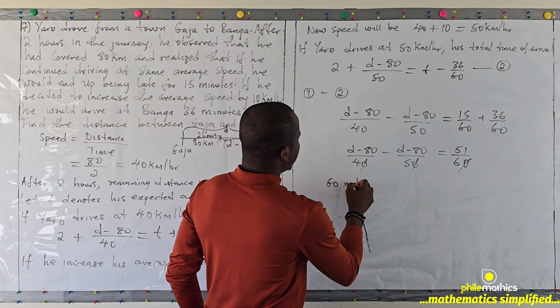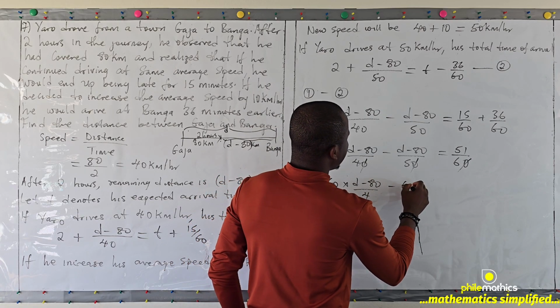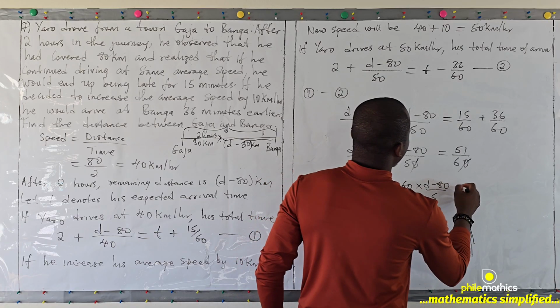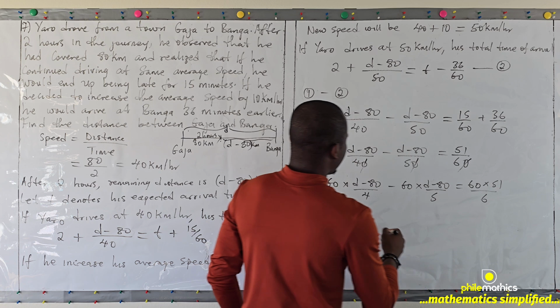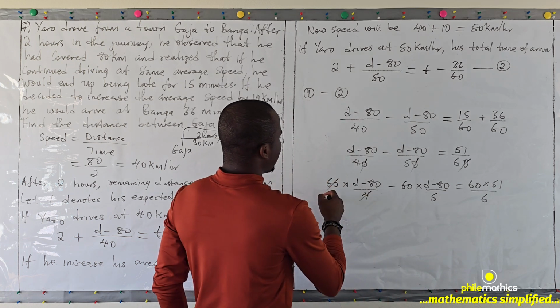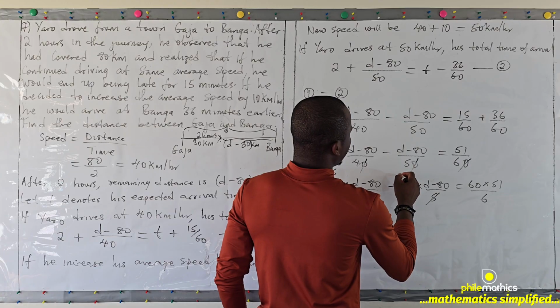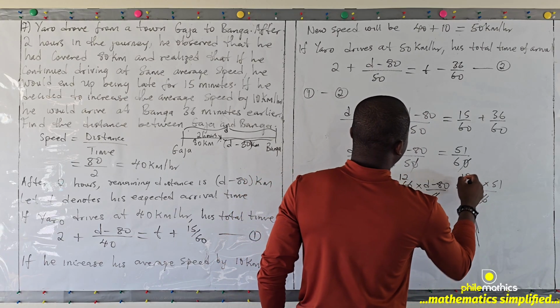60 times (d minus 80) over 4 minus 60 times (d minus 80) over 5 equal to 60 times 51 over 6. And so 4 here is 15, 5 here is 12, 6 here is 10.